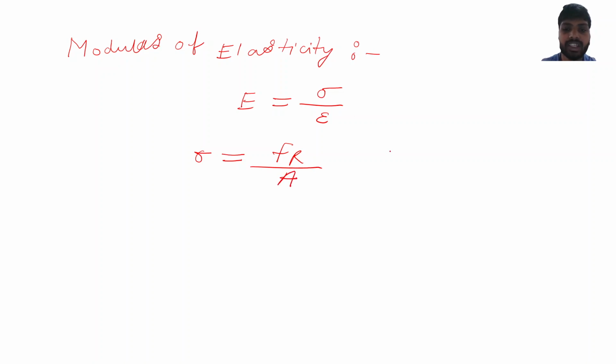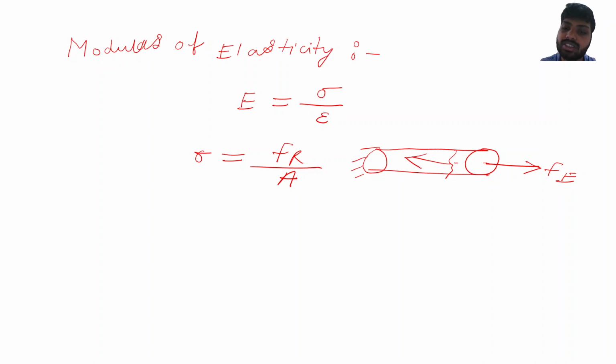We can understand stress as sigma equal to resisting force per unit area, and we can more clearly understand what stress is with the help of a drawing. For example, let's take a rod which is fixed at one end and an external force Fe is acting at the other end. Due to this Fe, there will be some resisting force developed inside it which opposes this external force, and that force is Fr.